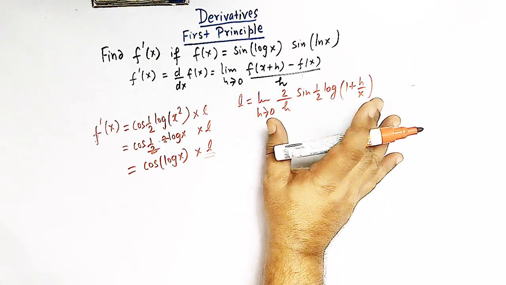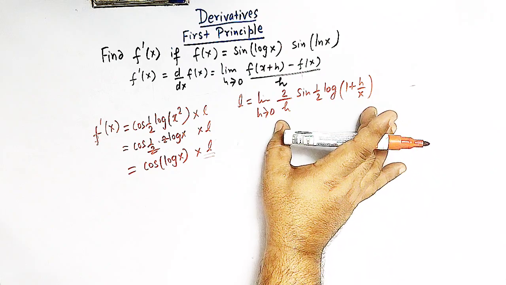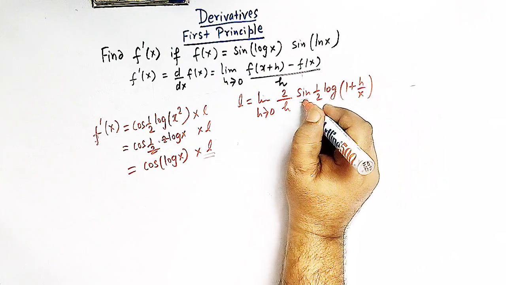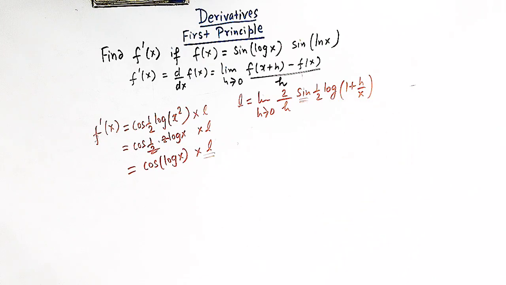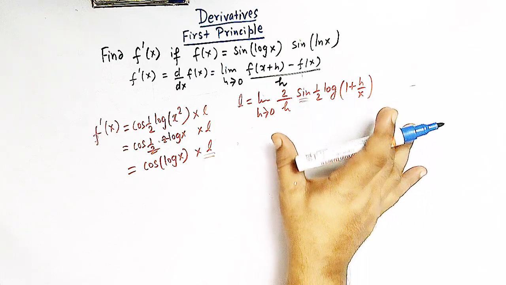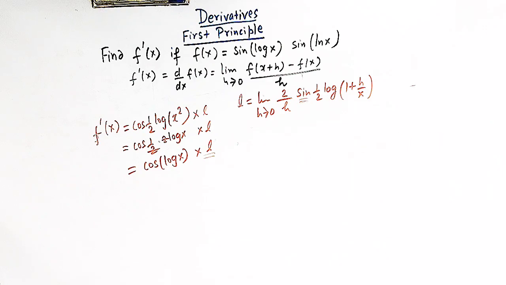So viewers, now it is very interesting to calculate the value of this limit, where we have a log term inside the sine term, right? So to find the value of this limit, we'll make use of the method of substitution. And moreover, to get the value of this limit, we are going to use two standard results from limits.